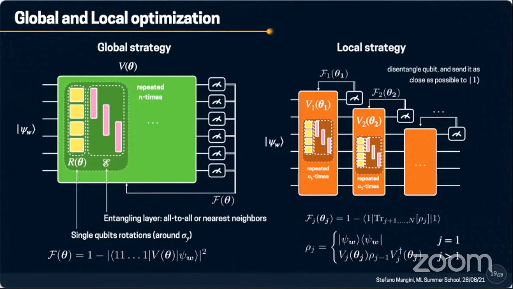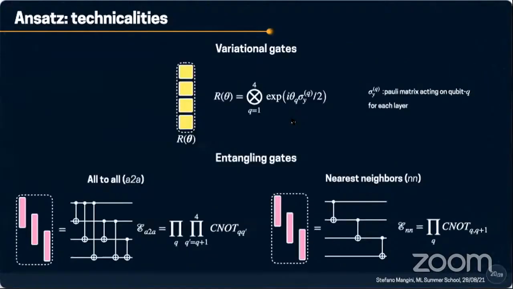Okay, so we have these two global and local strategies, and this is some technicalities about the variational parts. The variational gates are given by this single qubit rotation around the epsilon Pauli sigma matrix.